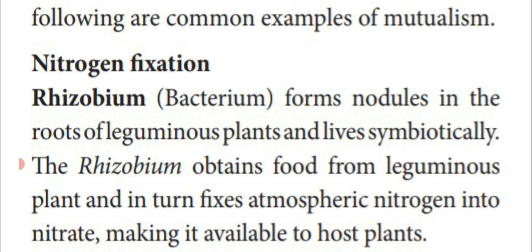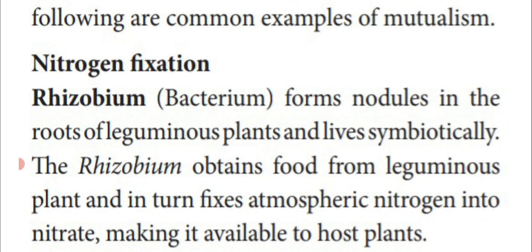Dear students, the leguminous plants are higher plants. They are unable to absorb nitrogen from the atmosphere. You already know that one. 76% of nitrogen is present in the atmosphere. Plants are unable to absorb nitrogen from the atmosphere, so the bacteria living in the root of leguminous plants fix the nitrogen into the nitrate form in the soil.